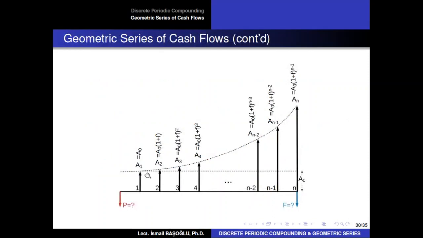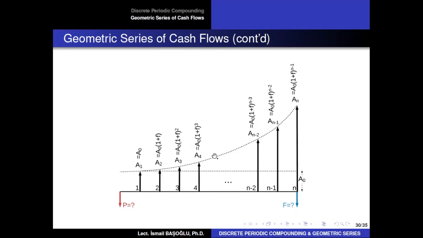So let's see the picture. In the case where we have an increasing pattern, at the end of the first year, the cash flow is A0. At the end of the second year, the cash flow is 1 plus F times larger than the cash flow of the previous year, so A0 times 1 plus F. And at the end of the third year, the cash flow is again 1 plus F times larger than the previous year, so it is A0 times 1 plus F to the power 2.